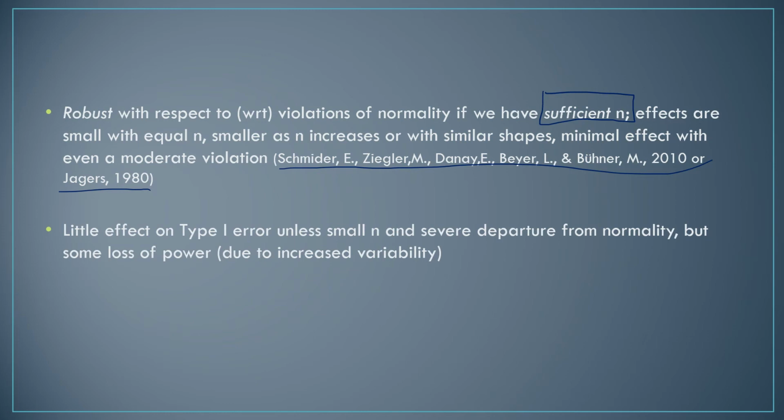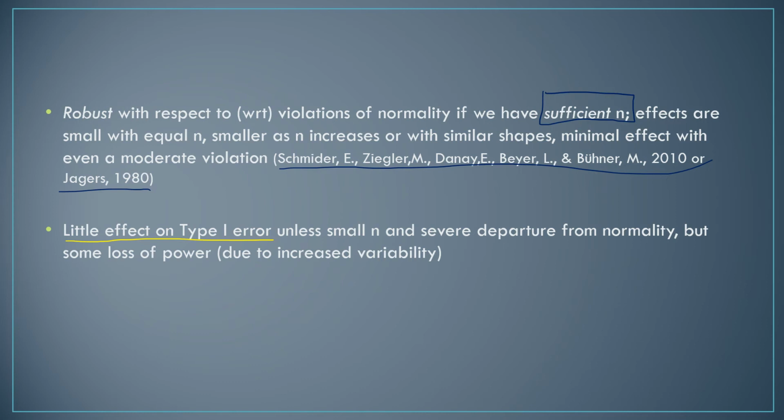This is because for this normality of errors, there's really little effect on the type 1 error, which is usually what we really are concerned about. The type 1 error, again, is the probability of getting a false positive, where a false positive is the worst result that you can get because you're making the assumption that whatever you're doing is statistically significant when it actually isn't.